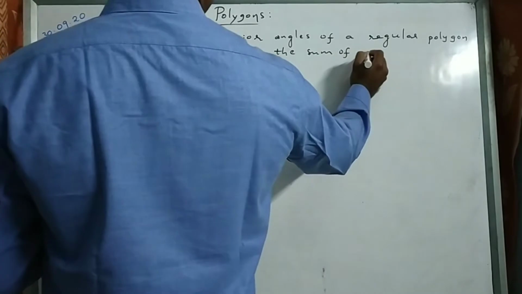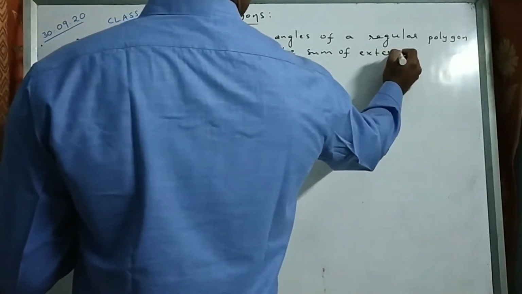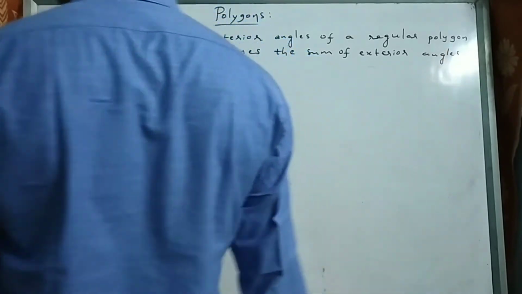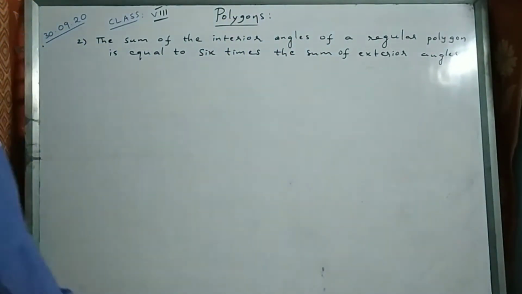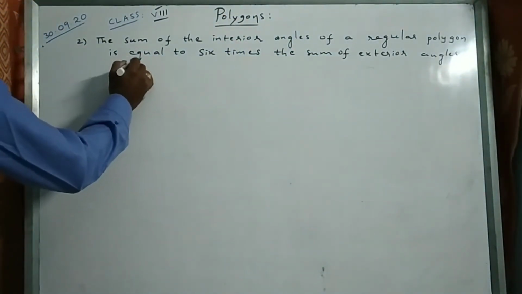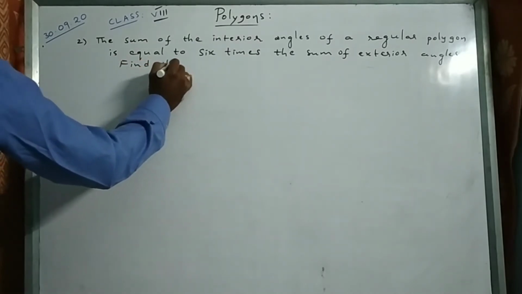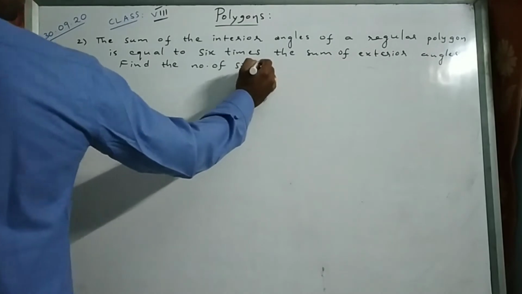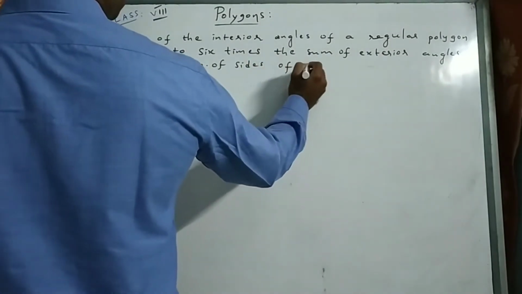Find the number of sides of the polygon.